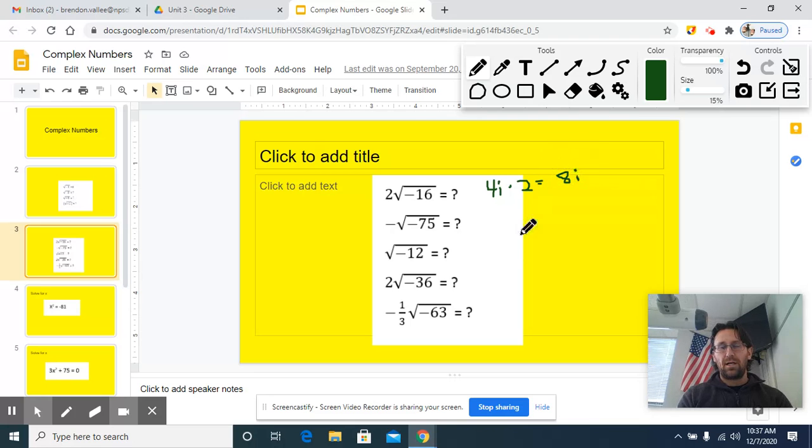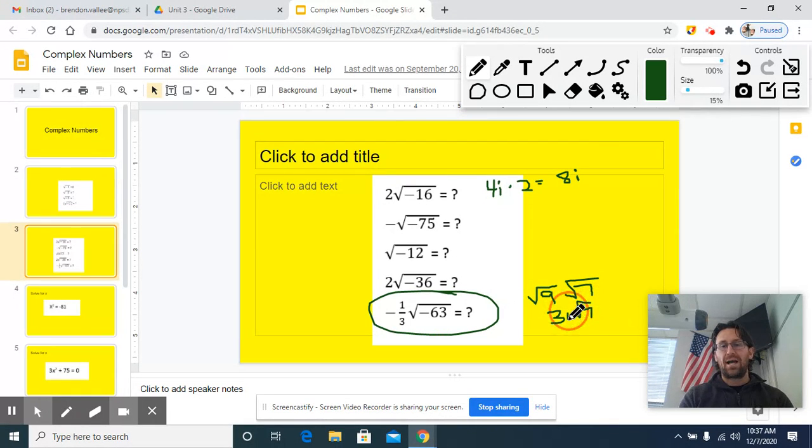Okay. Jumping down to, let's look at this one here. Can't take the square root of 63, but you can simplify. The square root of 63 is 9 times 7. So that's 3 radical 7. Now don't forget about that negative sign.